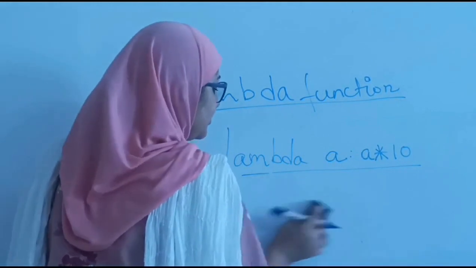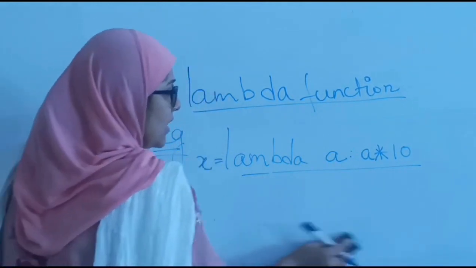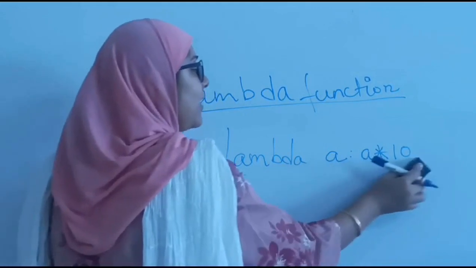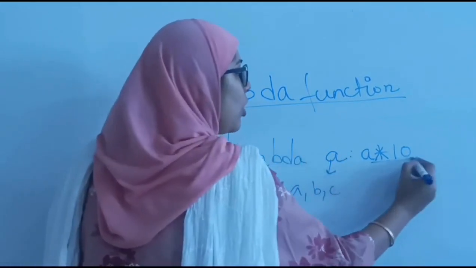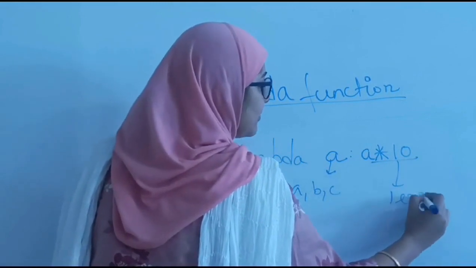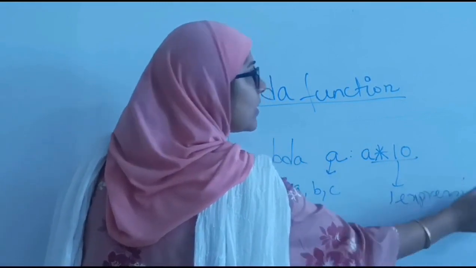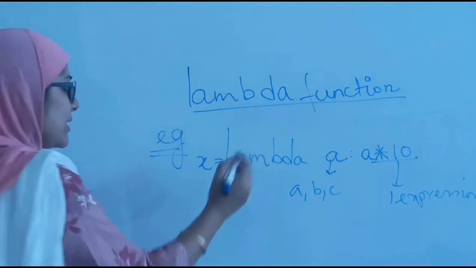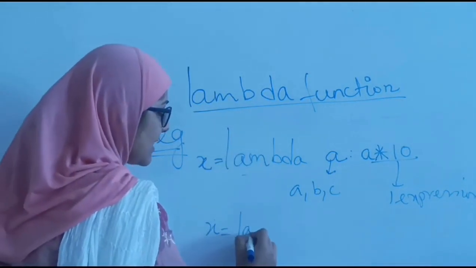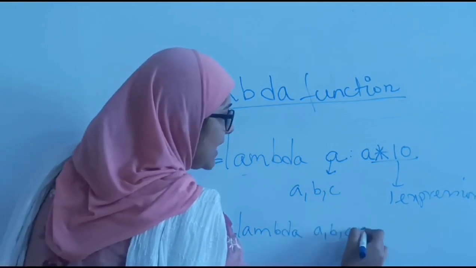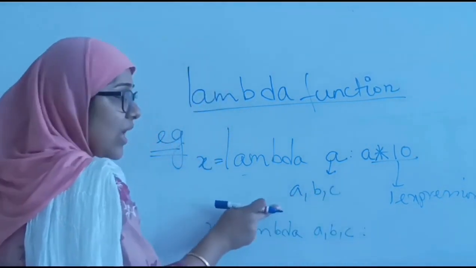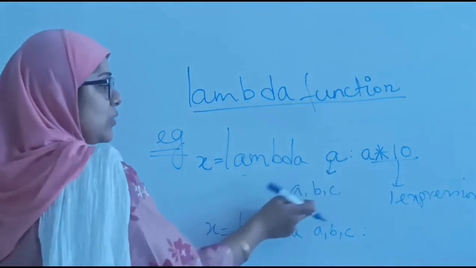Now, as I said, we can have n number of arguments, so we can take a, b, c, but only one expression. So the same function can be used as x is equal to lambda a, b, c, but obviously if we are using 3 arguments we have to use an expression which uses all the 3.